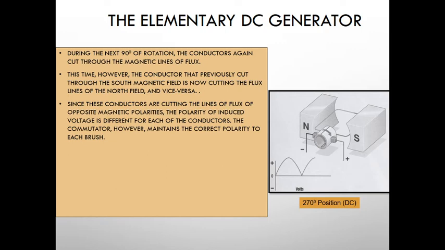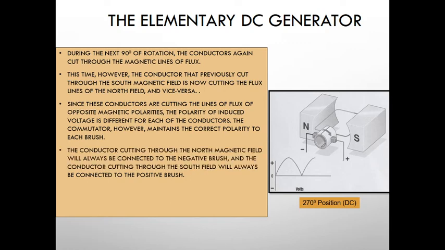The commutator, however, maintains the correct polarity to each brush. Even though the white is now at north and the black at south, the commutator keeps the polarity of your induced EMF. It does not change it.